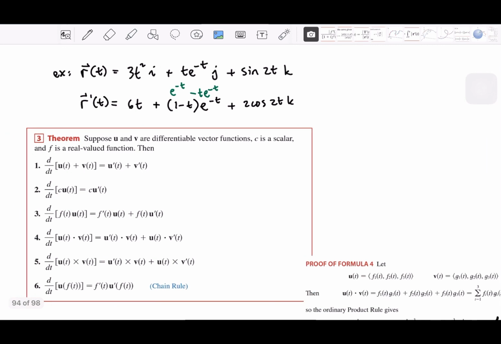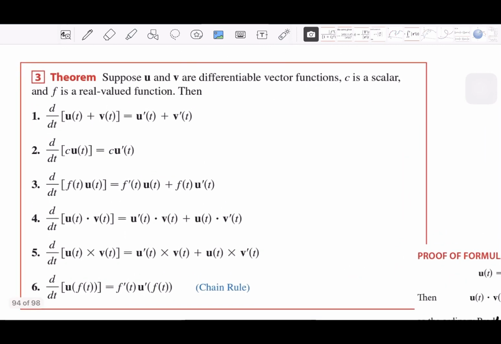So you can see from this theorem, suppose that u and v are differentiable vector functions, and then c is a scalar, f is a real-valued function, then you can have all these properties. So if you want to differentiate an addition, then you can take the derivative of each of them, right? You can see that some parts of it use the chain rule.